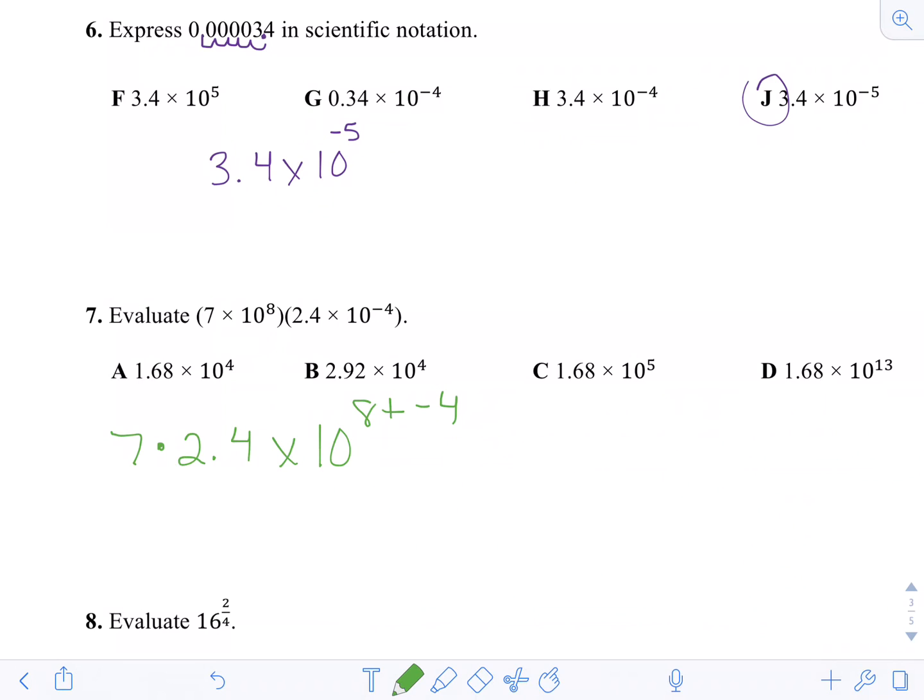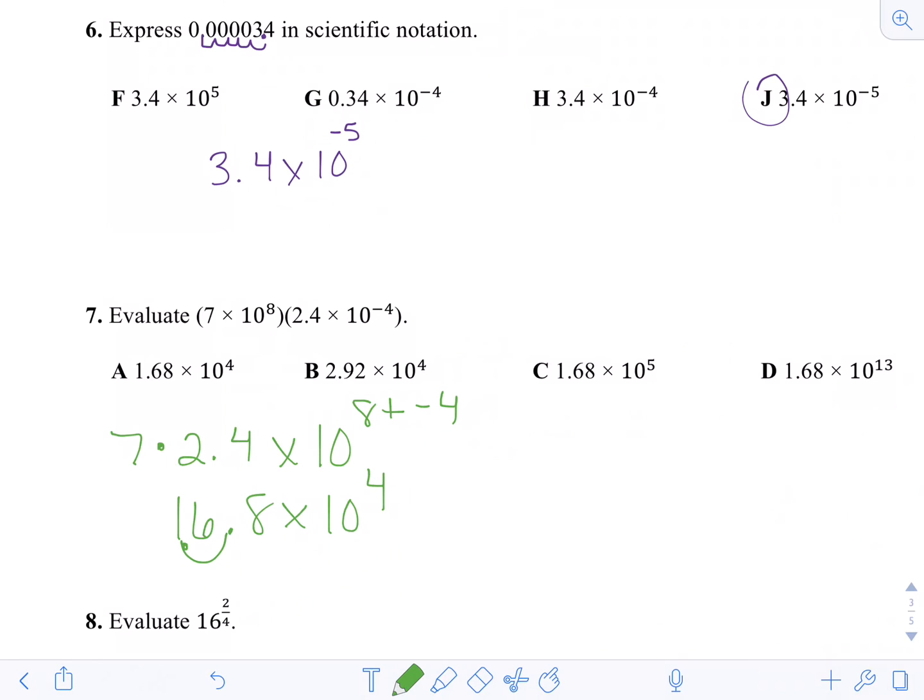Okay, so then we have 7 times your 2.4, and so 7 times your 2.4 gives you 16.8. Times 10, 8 minus 4 is just 4. Now, if you notice your answers, you're only allowed to have one number in front of your decimal for scientific notation. So I'm going to have to move this over. Okay, so you have 1.68, and we have to decide if it's times 10 to the 4th or times 10 to the 5th.